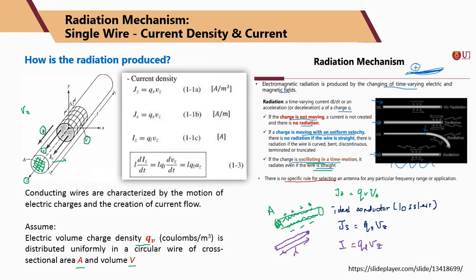So we can represent those equations as the current, L di over dt, time varying, and it can be represented as L Ql Az, in which Az is dv over dt, the acceleration. L is the length of the wire, Ql is the line charge, and Az is the acceleration of the charge.